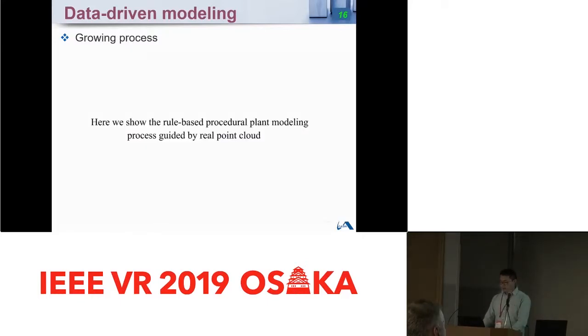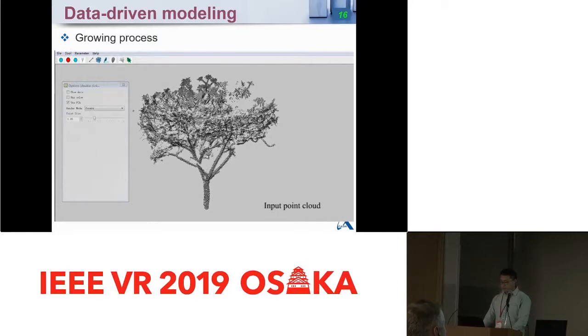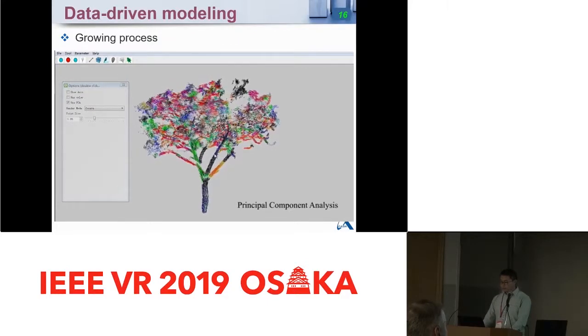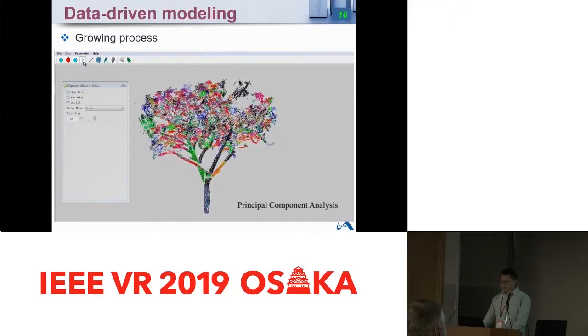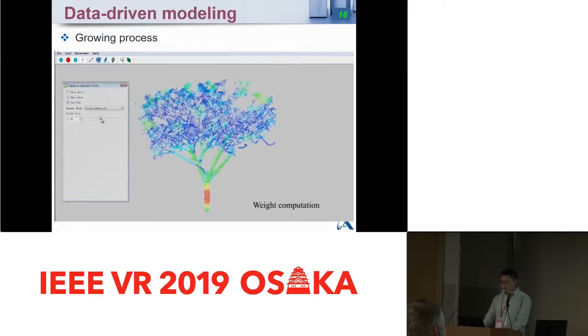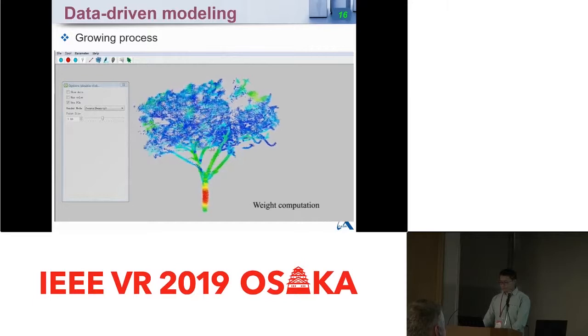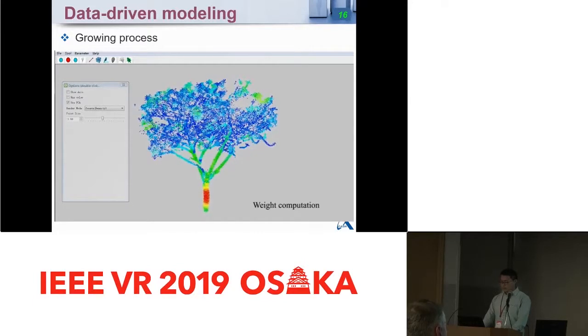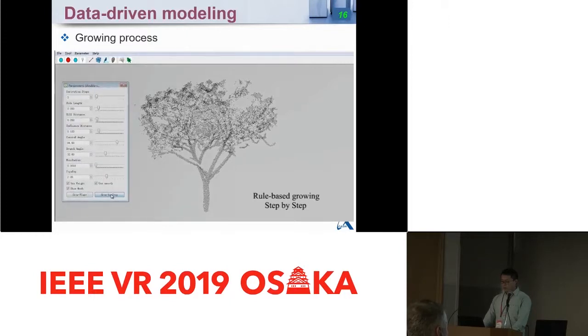Here is a video to show the process. Here is the input point cloud. We first compute the PCA. It is used to compute the weight map. Now we perform the robust growing step by step.